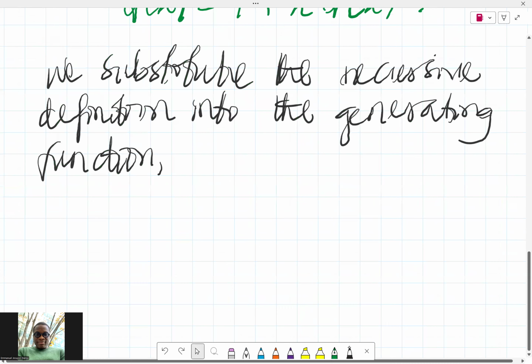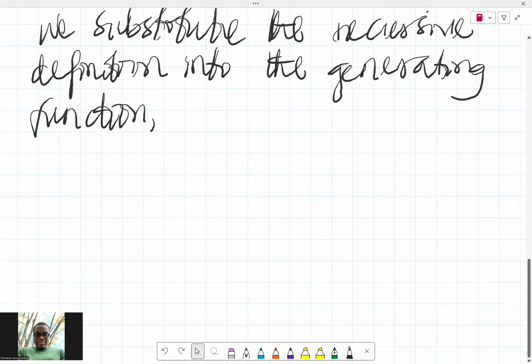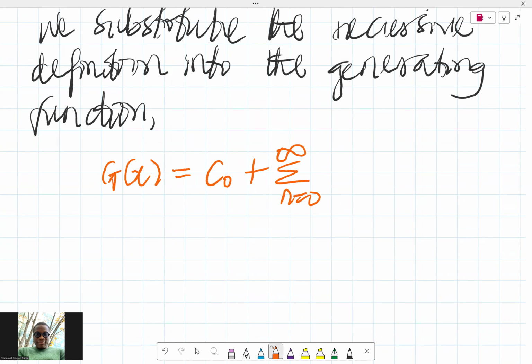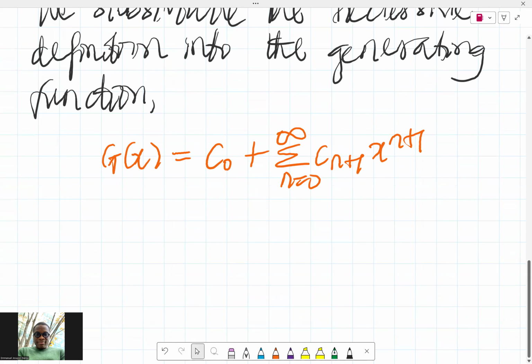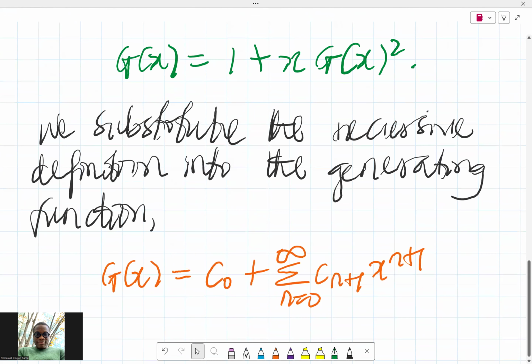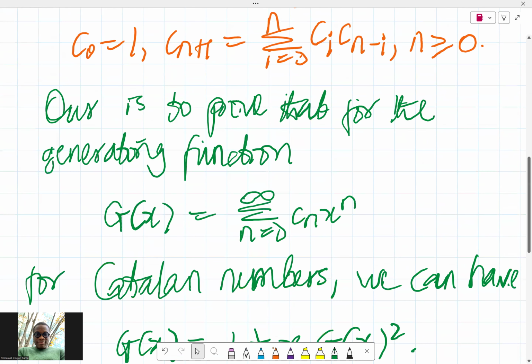So in that case, g of x is equal to c naught plus the summation from n equals 0 to infinity of C n plus 1 x raised to power n plus 1, because we already have C naught apart up there. And don't forget that C naught is equal to 1 from the very beginning.